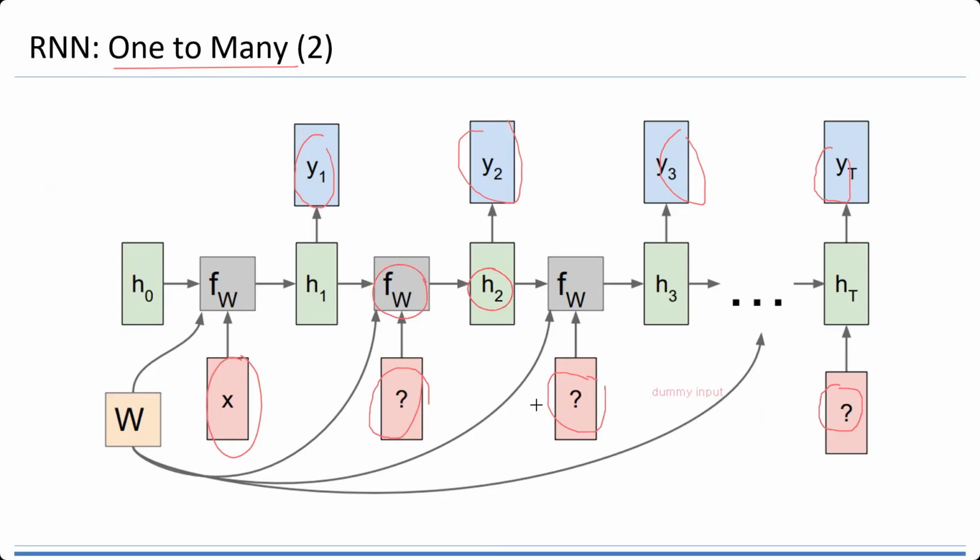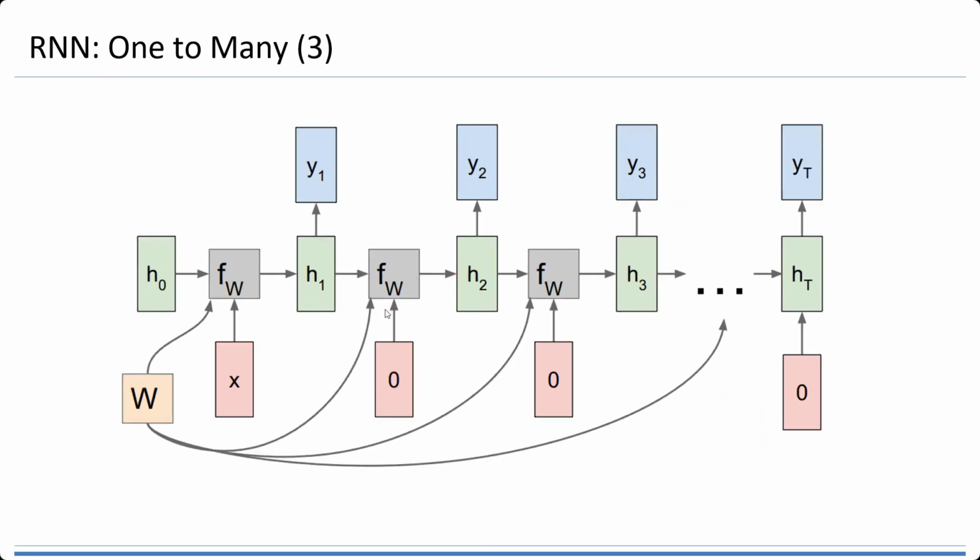We put a dummy variable to do the calculation in this step to produce H3, and so on. There are several approaches for this dummy variable. For example, we can put the dummy input as 0. When we put 0, it means it will be added with 0.